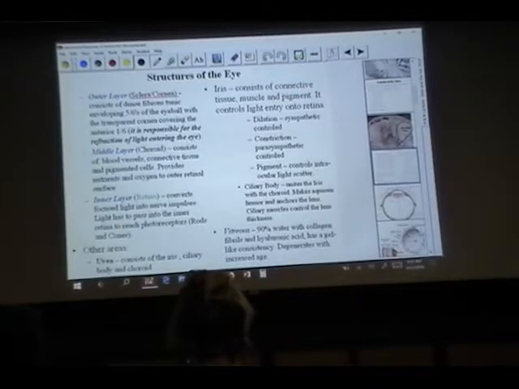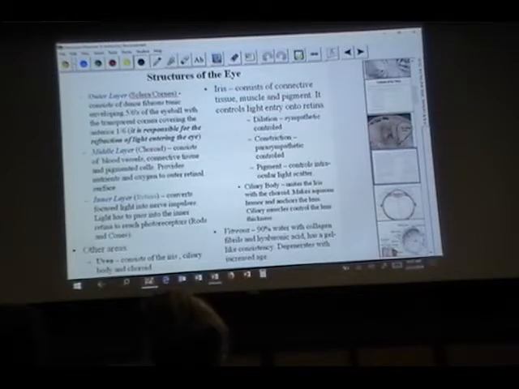The ciliary body is this smooth muscle area. It also has an area where it produces a fluid that doesn't flow over the outside of the cornea like tears, but flows on the inside, in front of the lens and the pupil. This is referred to as an aqueous liquid, or aqueous humor. Okay?